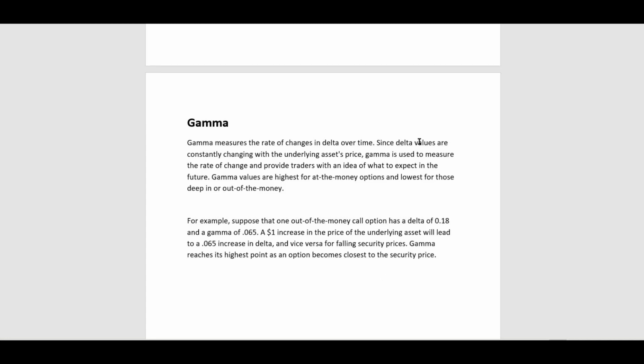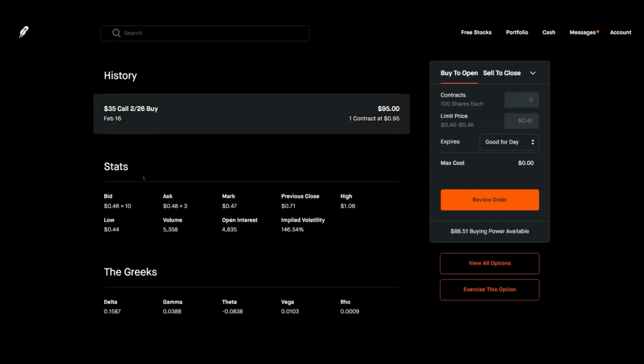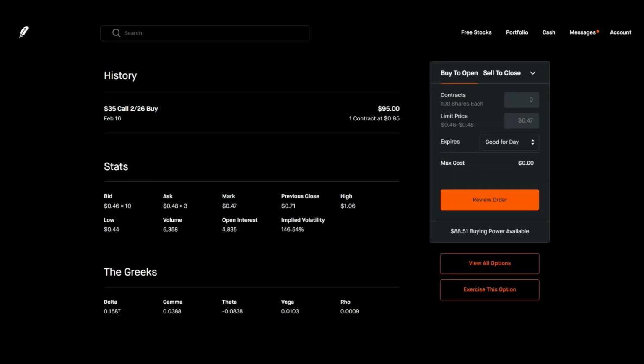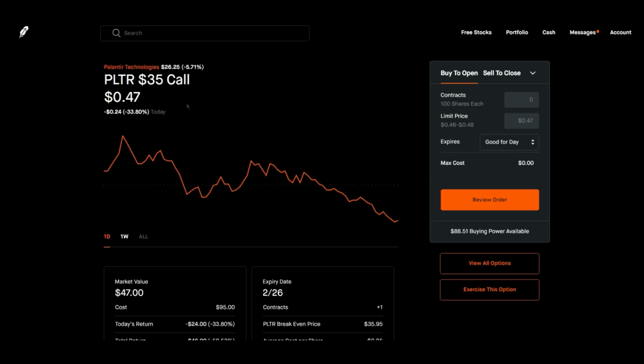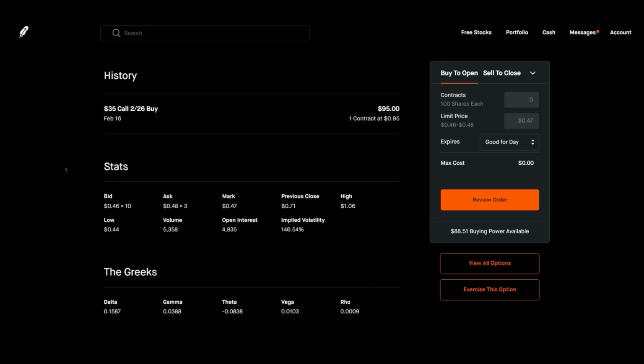And if we look at this for delta and gamma, if we go back to my own options call that I bought, we can see that my delta here is 0.1587, which means that if Palantir goes up a whole dollar, which I'm going to need it to go up a few dollars to recover the cost of this premium, but if Palantir goes up $1, this is going to go from roughly $47 to about 63, which is good.